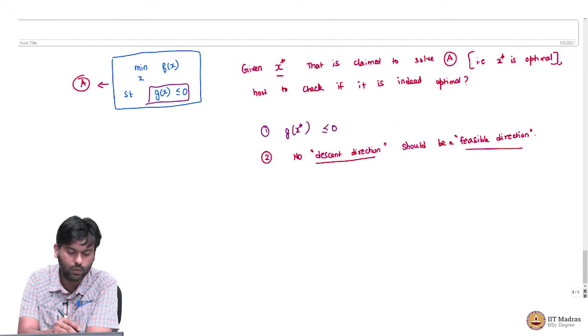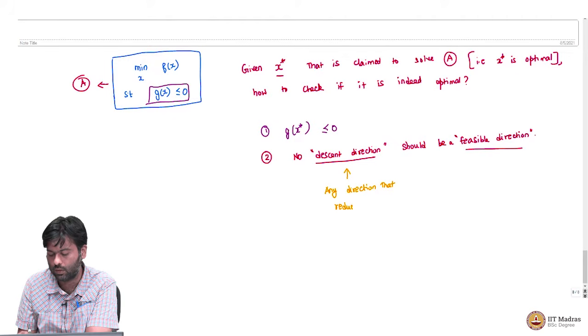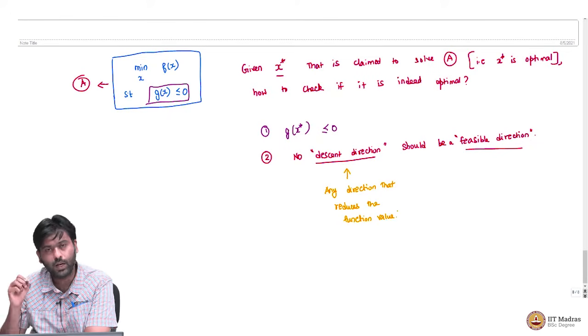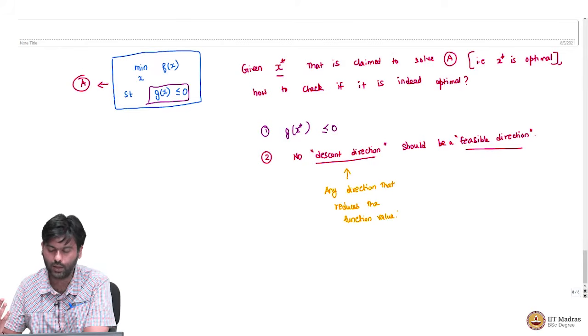Intuitively, what is a descent direction? A descent direction is any direction that reduces the function value. I am at a current point x star. If I move in some direction and the function's value reduces, then that direction is what I will call a descent direction.